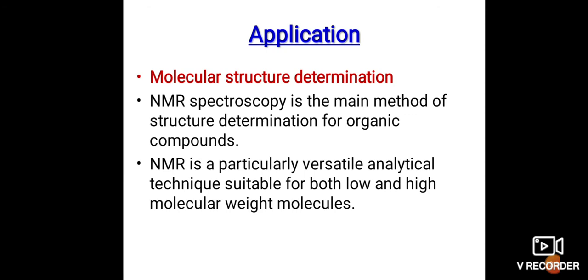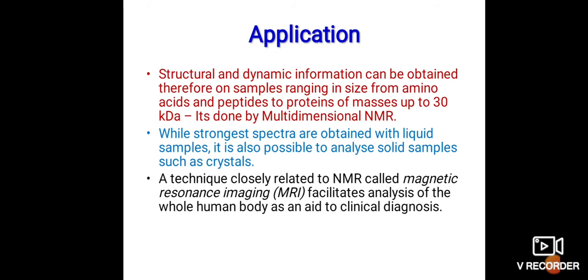If you come to the applications of NMR, it is used in molecular structural determination, one of the very best methods, which I already mentioned to you. NMR spectroscopy is a main method for structural determination of organic compounds. It is used for both low and high molecular weight molecules.